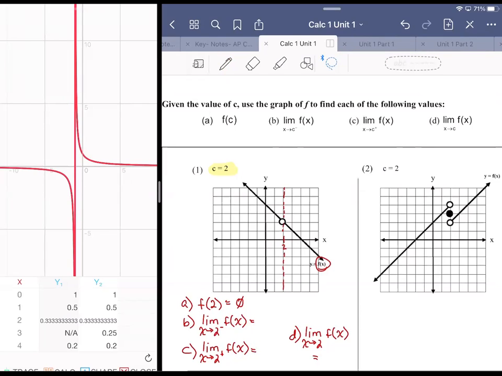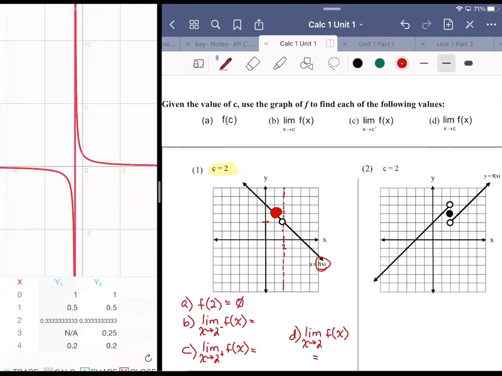But if we come in from the left, we can find a point, a y value that we're approaching as x gets closer and closer to 2. So right now I'm at an x value of -3, -2, -1, 0, 1, 1.5, 1 3/4, and so on. As I get closer and closer to the x value of 2, the y value I'm getting closer and closer to is whatever the y value is at the hole.